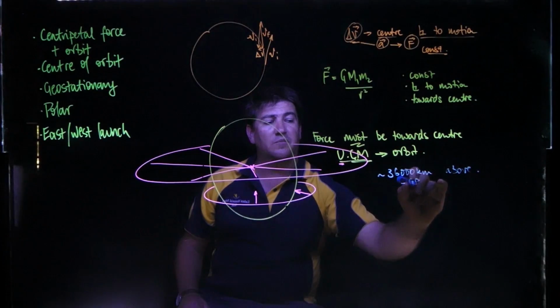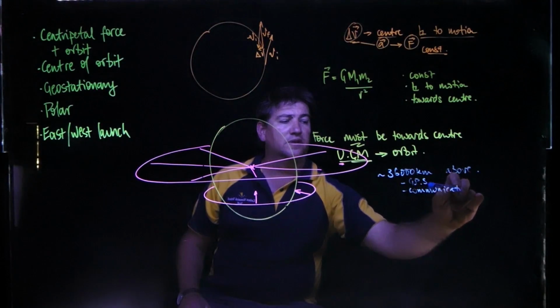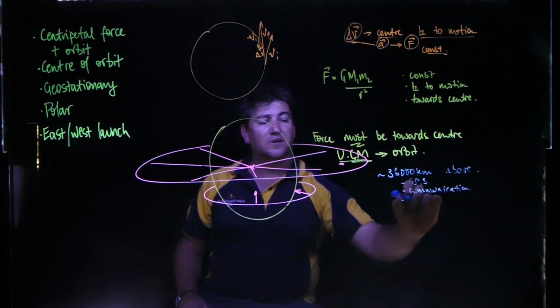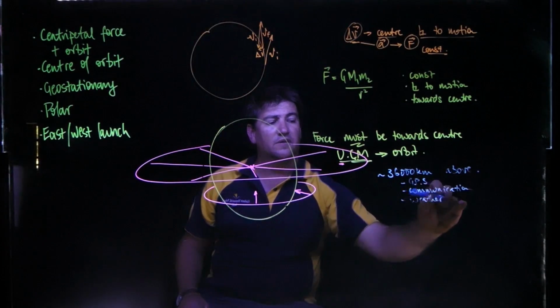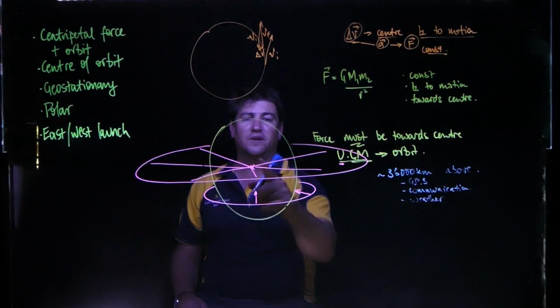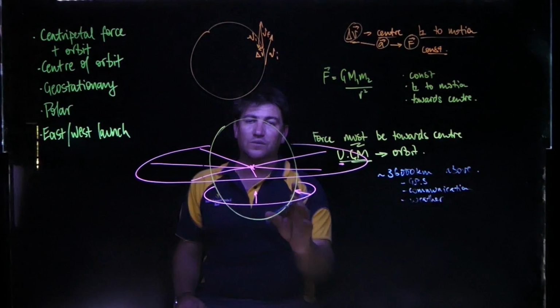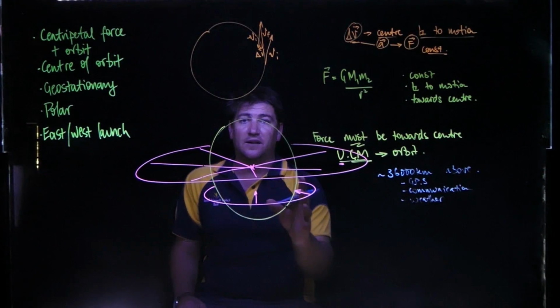So these things can be used for GPS. They can be used for communication. They can be used for weather, alright, but this satellite that's orbiting here, it can see stuff underneath it really well. So remember, it sits above the same point on the equator all of the time, so it can see things that are underneath it.